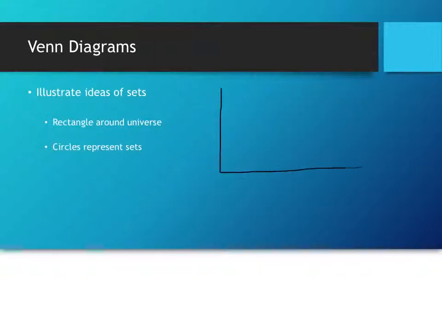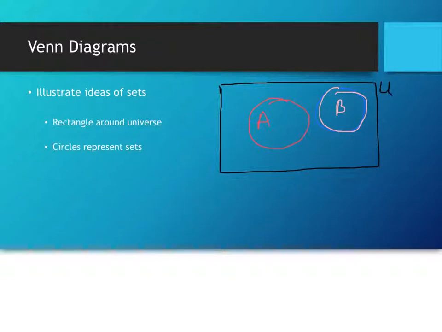Basically, a Venn diagram is just a picture where typically we draw a big rectangle, and the rectangle is going to represent our universe. I'll call that U. So we're thinking of everything in our universe as being inside this rectangle. And then inside of that, we're going to have certain sets. We may have one set here, which is an A. Maybe some of them don't overlap.